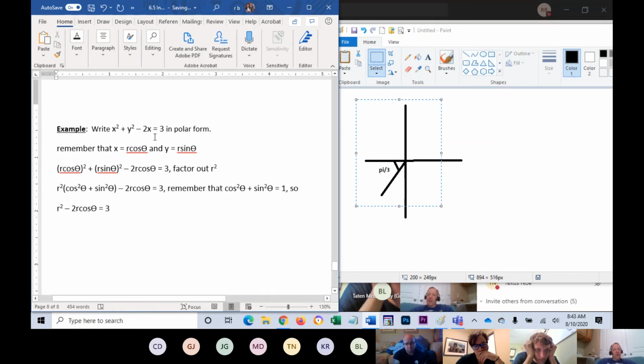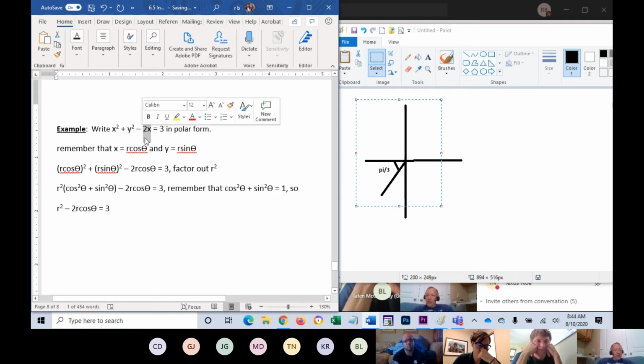Okay, so write x squared plus y squared minus 2x equals 3 in polar form. So we remember that x equals r cosine theta and y equals r sine theta. So this is going to be r cosine theta squared plus r sine theta squared minus 2r cosine theta equals 3.